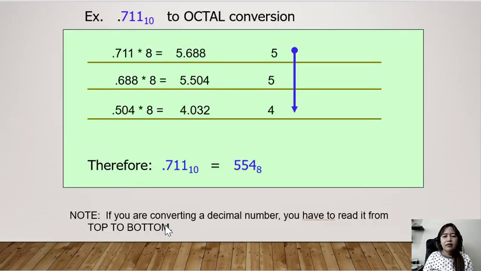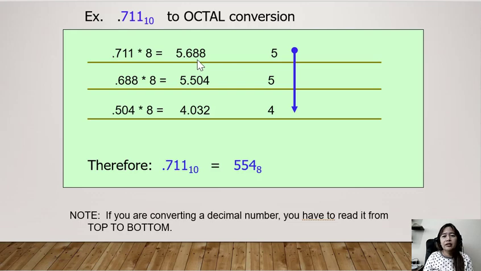Let's have another conversion, and this time it's a decimal fraction. If it is 0.711 in decimal and you convert it to octal, you simply multiply it by 8. Just like what we did in another video, you separate the whole number from the decimal part and continue multiplying by 8 until you reach the number of digits asked of you.